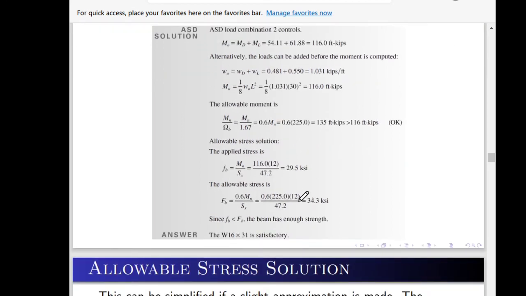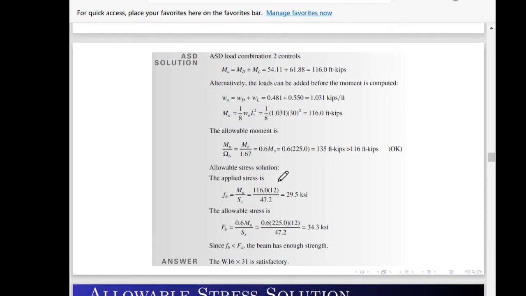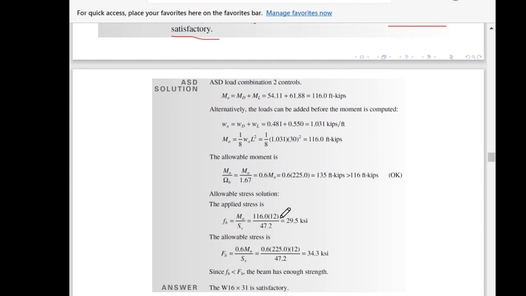Now the allowable stress solution. You have the moment divided by the section modulus, the elastic section modulus. So 116 times 12, to convert feet to inches, divided by the section modulus.